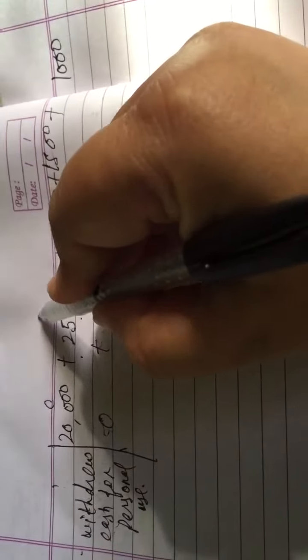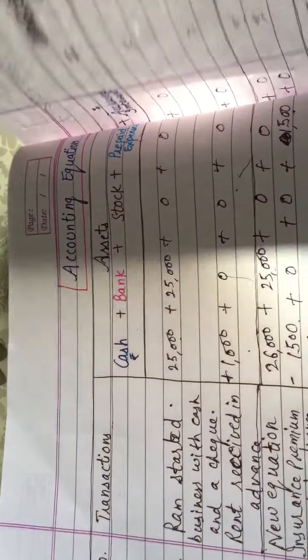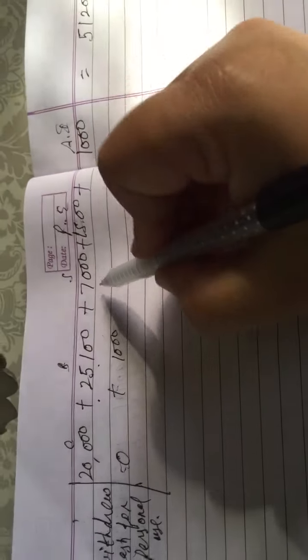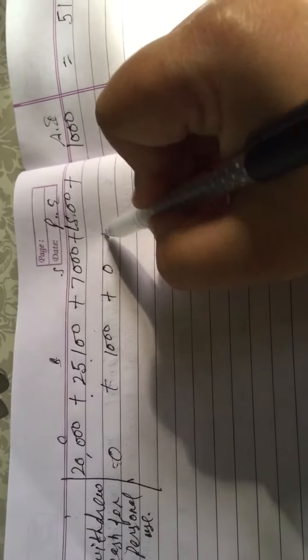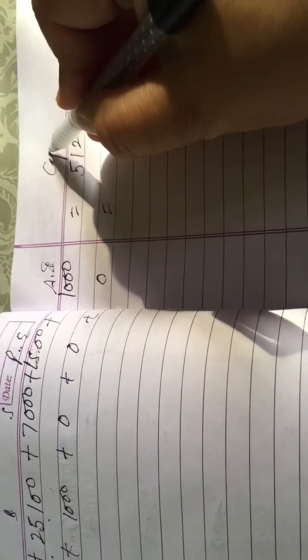This is cash, this is bank, this is stock, this is prepaid expenses, accrued interest. Stock no change, but capital of the business will decrease.